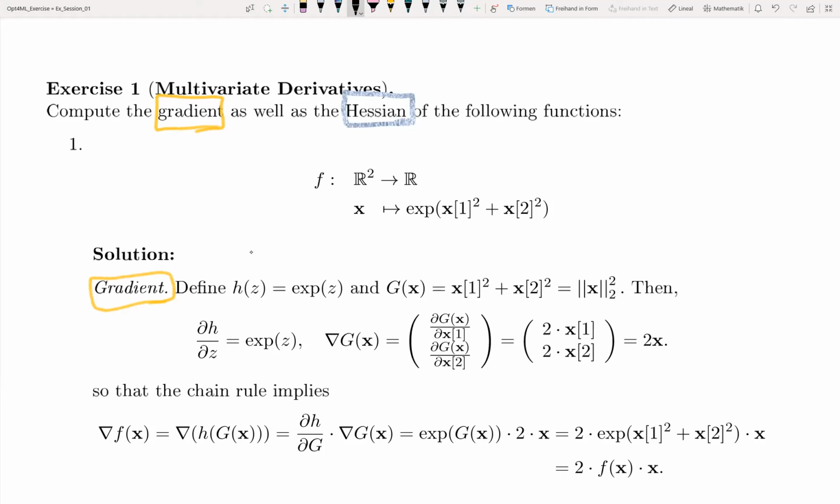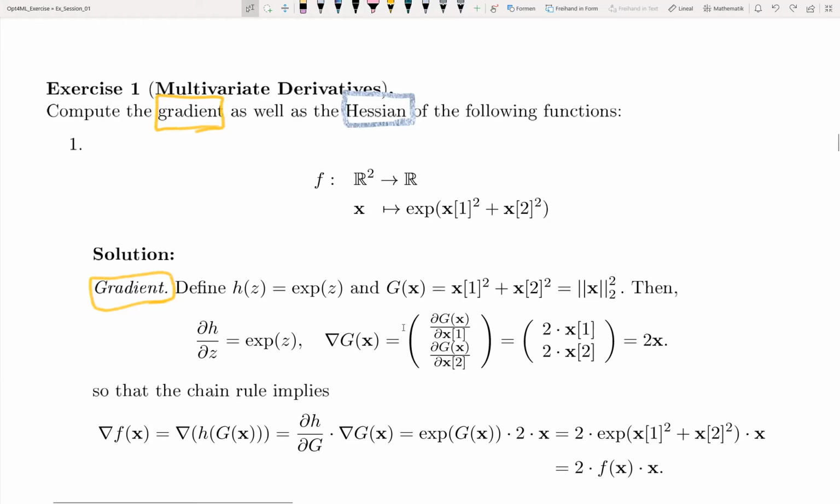Or put it differently, it's the squared Euclidean norm of the vector x. And if we would have considered the case with x_d squared, this would still be true. But just as a side remark.